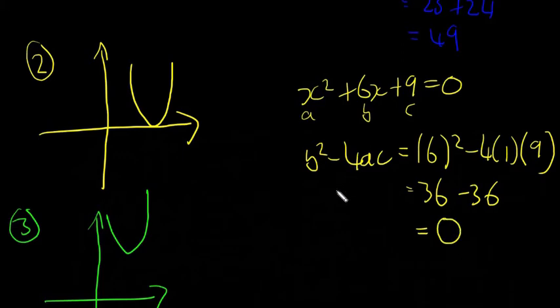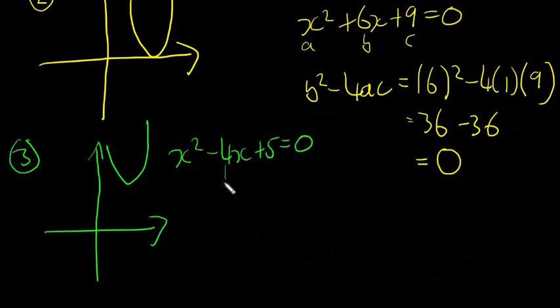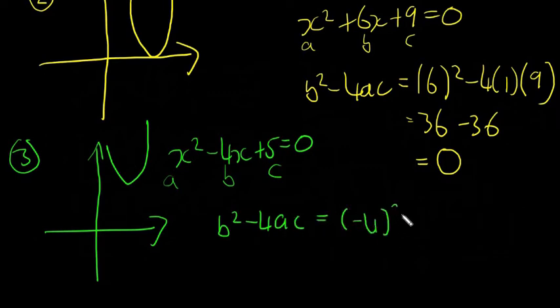And then the last one, I'll do it in green. We're going to have an equation like x squared minus 4x plus 5 is equal to 0. So again, this is b, this is a, and this is c. So b squared minus 4ac is going to be minus 4 squared minus 4 by 1 by 5, that's the c.